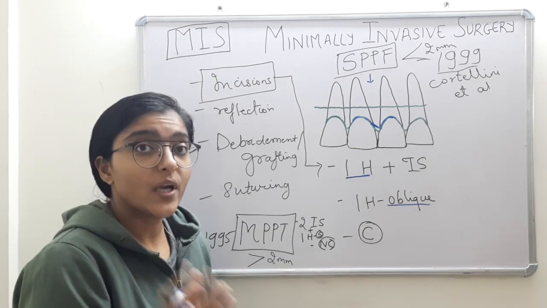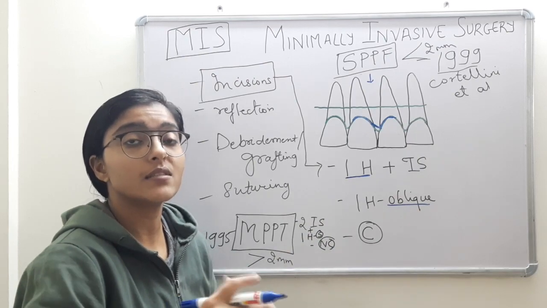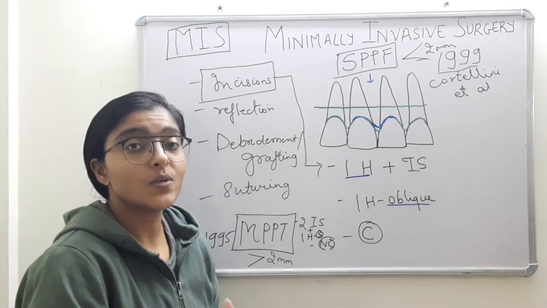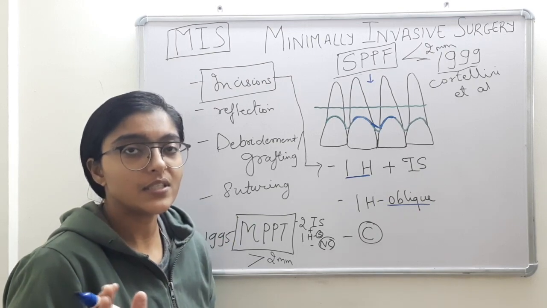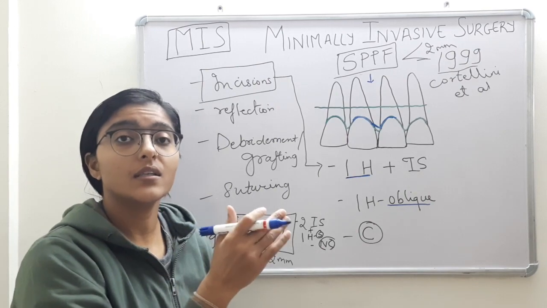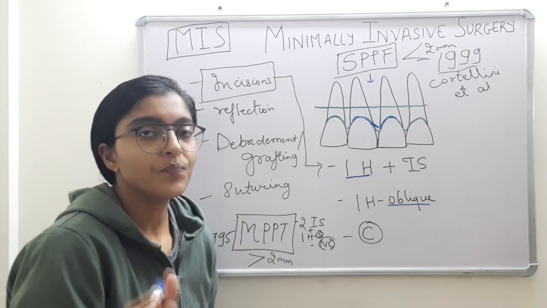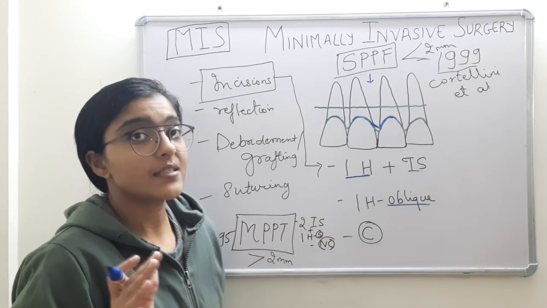The main point why we are discussing them under minimally invasive surgery is the next sequence of events: in 1995 we have Harrell and Rees who gave MIS. We have already discussed the article. And then these two techniques, 1995 and 1999.